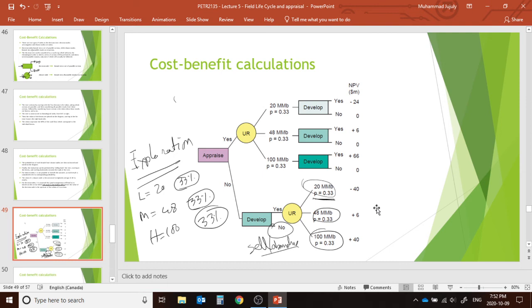Now imagine you will make the infrastructure based on the medium. Okay, based on the medium, you make the infrastructure.